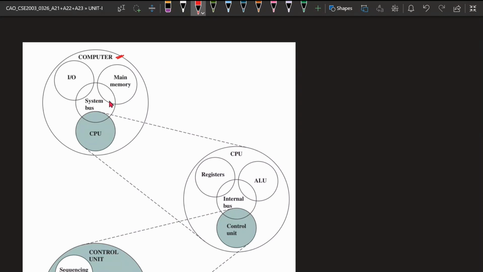First of all, it will have a CPU. Then there will be some input and output devices, because in this CPU we should be giving some input and getting some output. For that, we require input output devices.